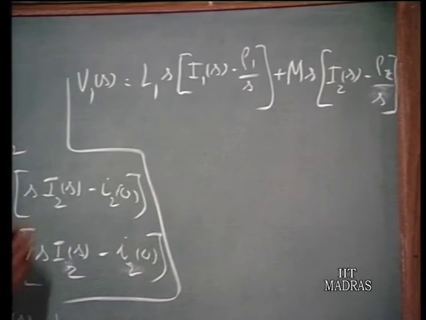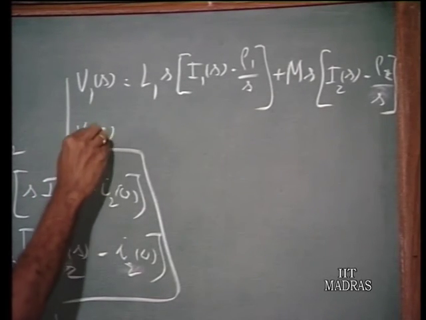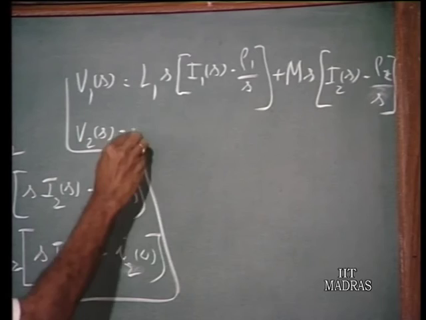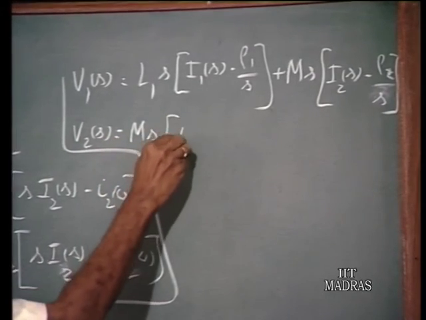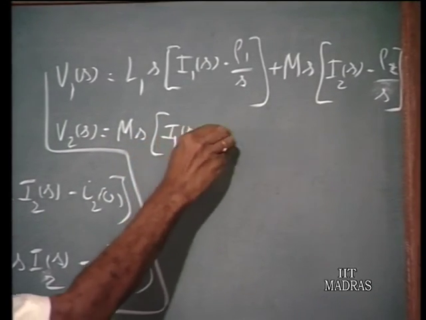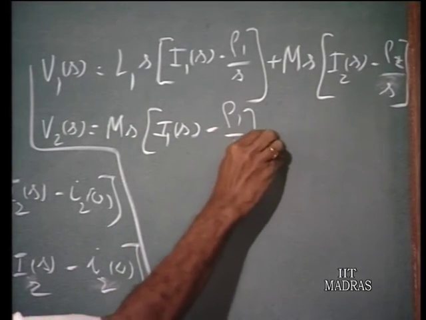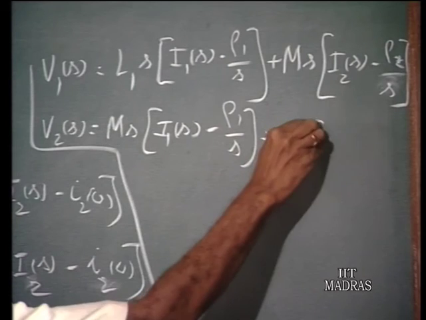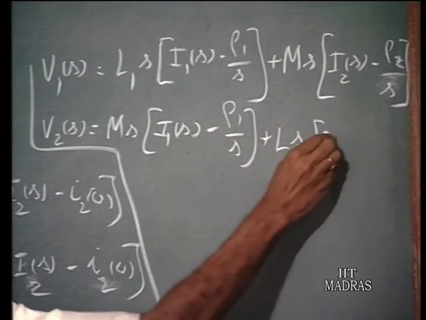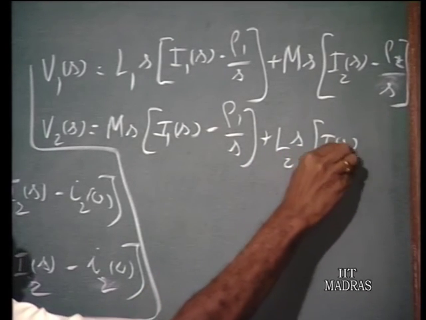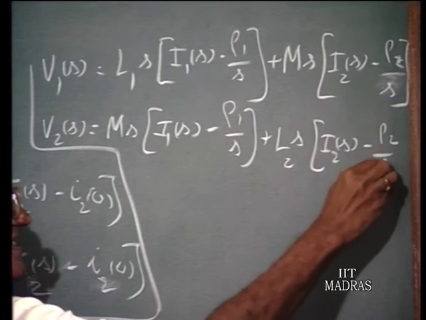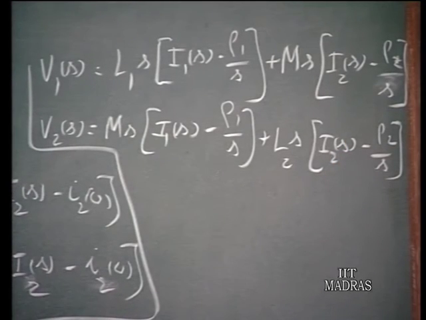And you can write V2(s) exactly in the same manner: Ms times I1(s) minus rho 1 by s, plus L2 s times I2(s) minus rho 2 by s. That is what we are having.